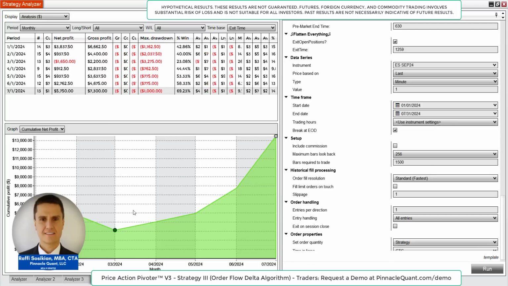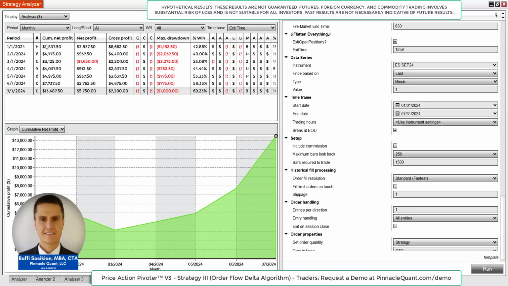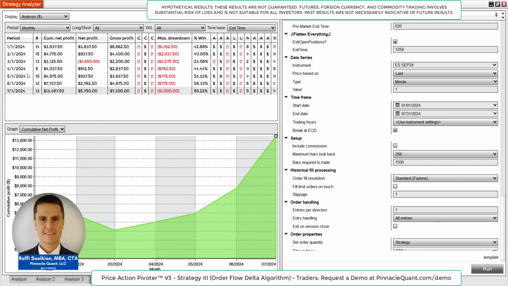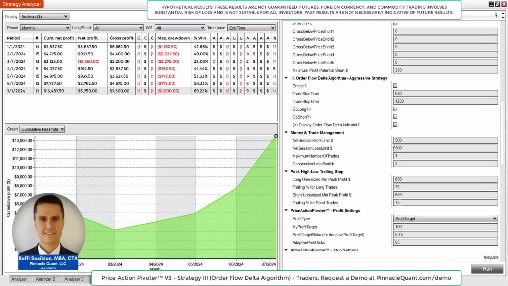Let's look at the percentage win rate, if you care to look at that. And those are the number of trades. That breaks down every month, but the one we want to compare is this one right here. It's 5,750.